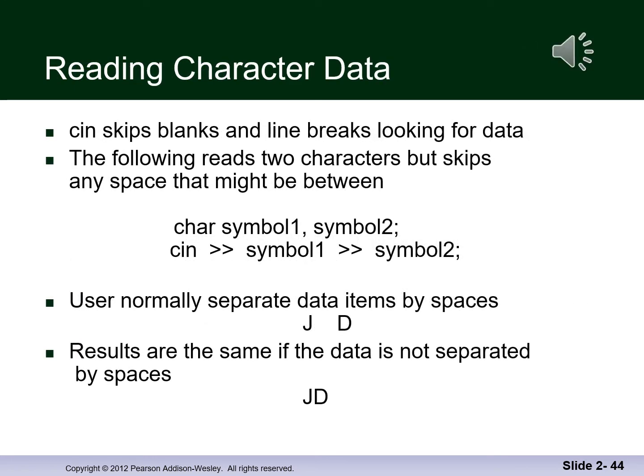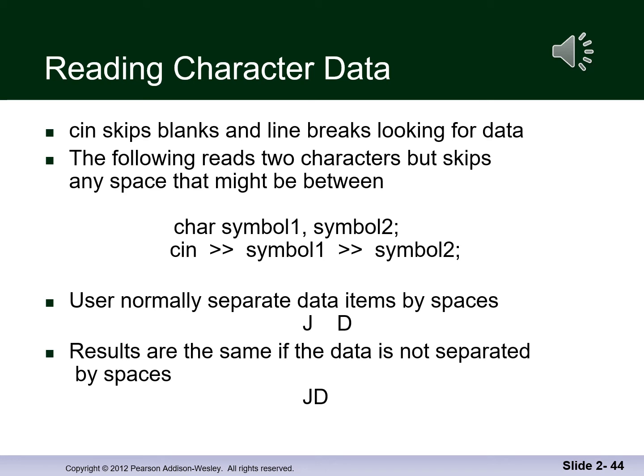cin skips blanks and line breaks when looking for data. The following code is used to read two characters, but skips any space that might be between them. First we declare two chars, symbol1 and symbol2. Then you use cin to extract symbol1 and symbol2 from the keyboard.